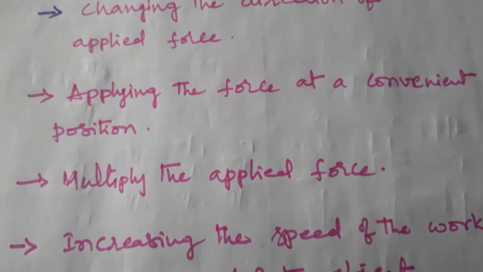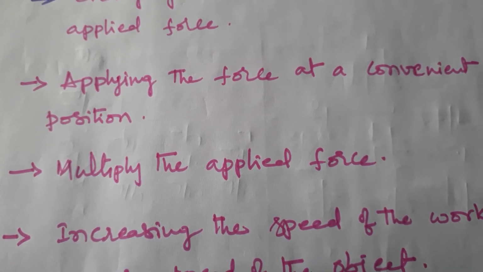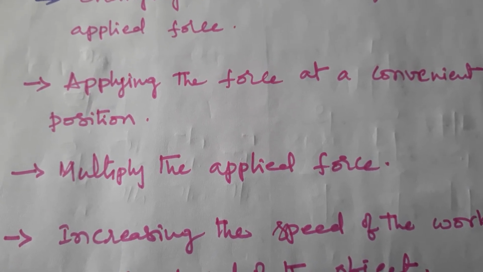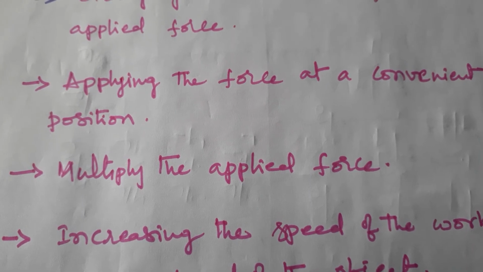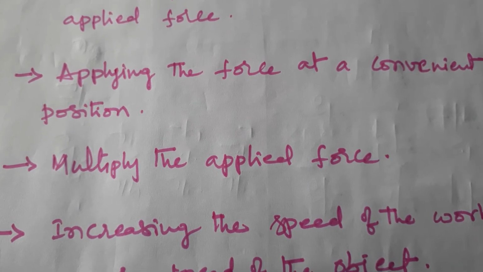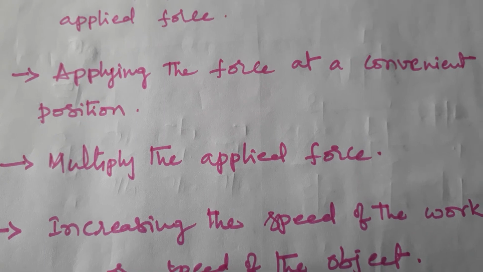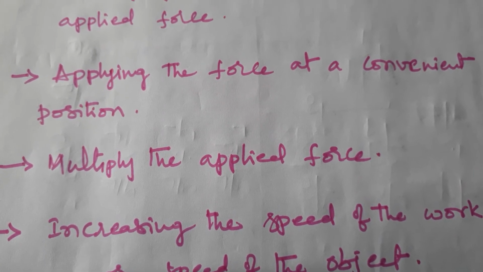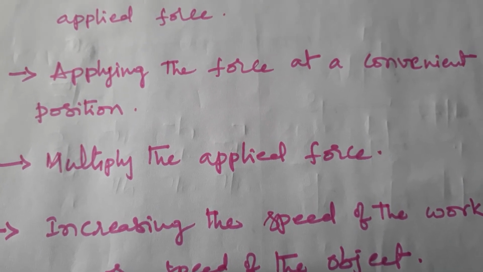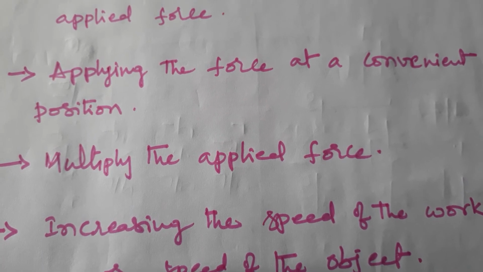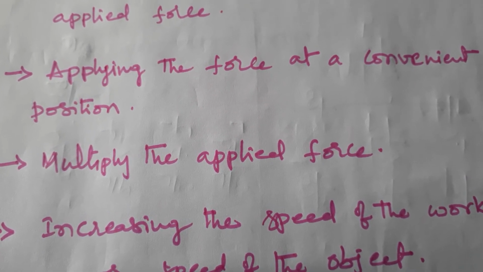And another one, multiplying the applied force. Our force should be multiplied, then only can we do our work easier. Of course, we do some work on the machine. That force should be multiplied by the machine to achieve a great result.